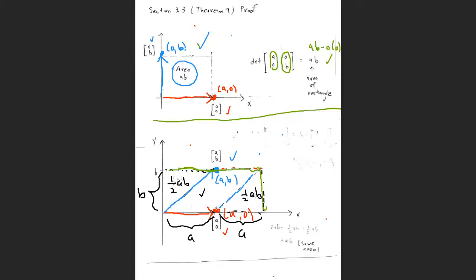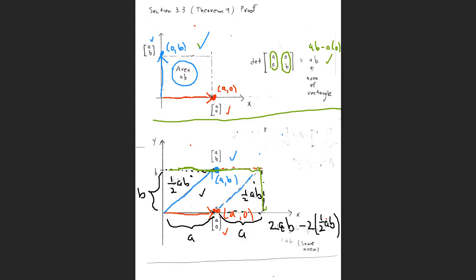It has base 2A. That's right, Cameron. And it has height B. So the area would be 2A times B. But what we're going to do is subtract 2 times 1/2 A times B. That's this triangle here and this triangle here.